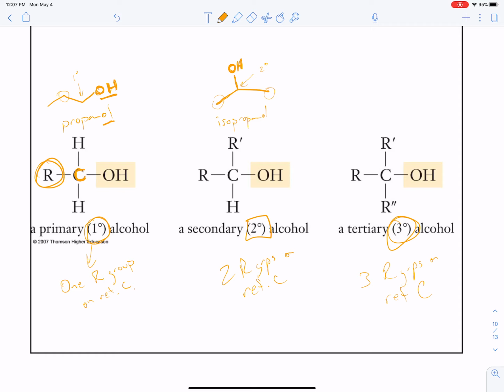Okay? You can have a tertiary alcohol, but you have to go to something a little bit more complicated than just propanol. You have to go to a chicken foot with an OH. So how many carbons do I have? It's got 4 carbons, right? So that's a butanol. This would be called T-butanol, because if you look at it from an old school way of doing this, you could draw it like this.